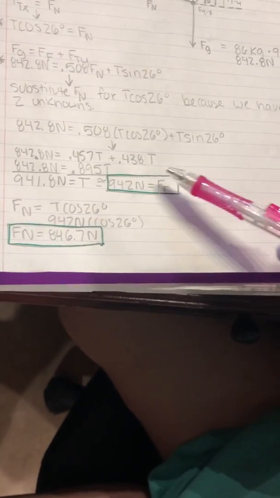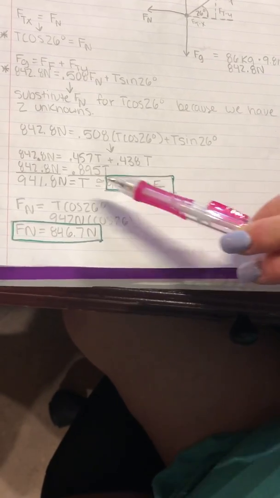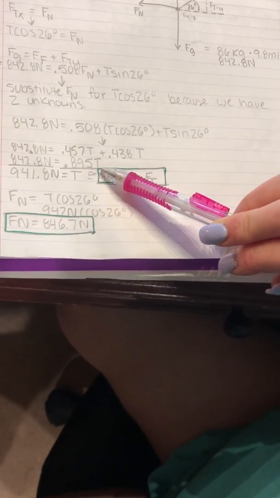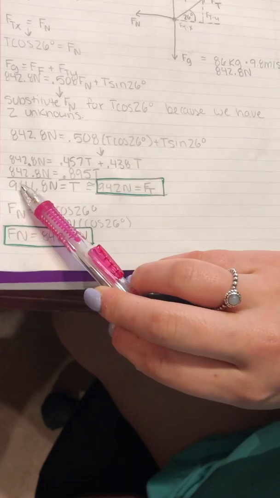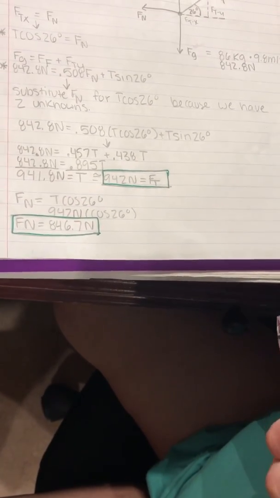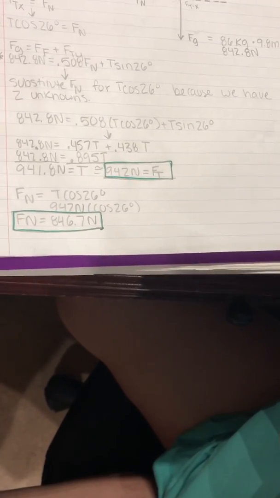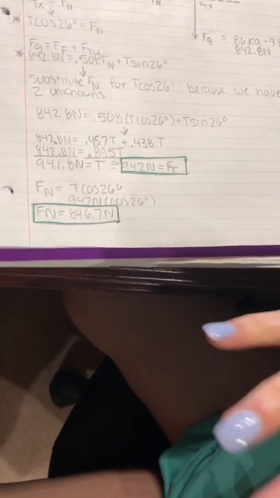We're going to add those because they have the same variable to get 0.895 times T, and that's equal to 842.8 newtons. So we divide by 0.895, and we get the force of tension to be 941.8 newtons, or 942 newtons.